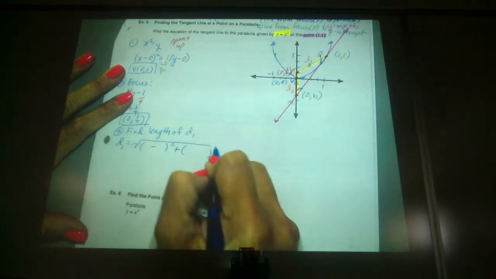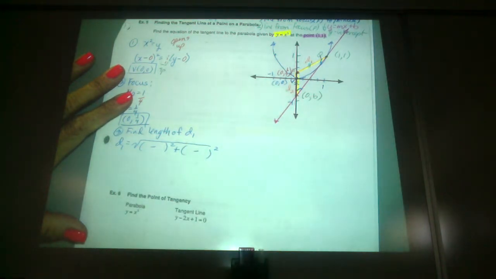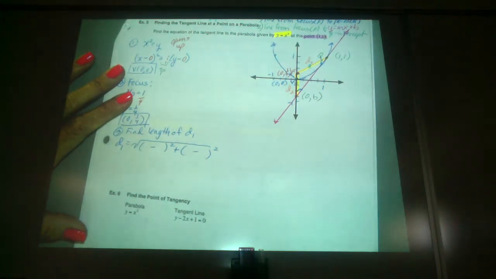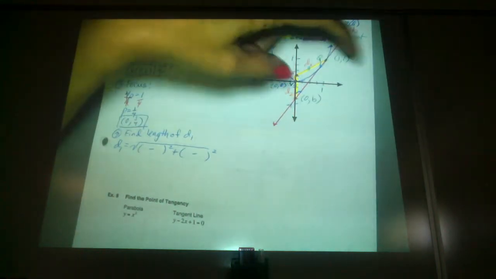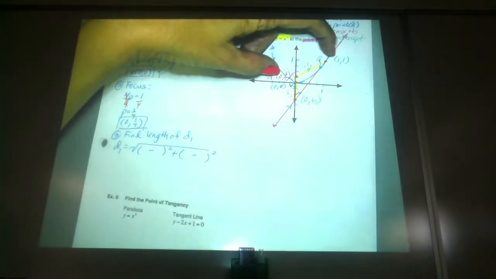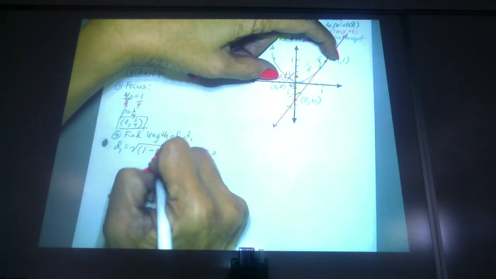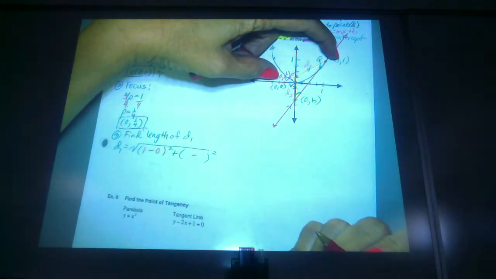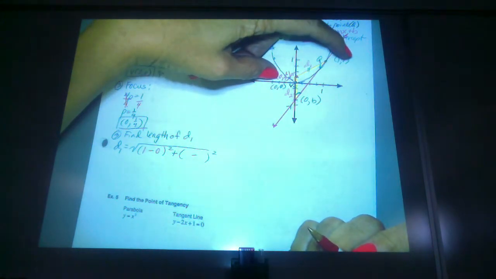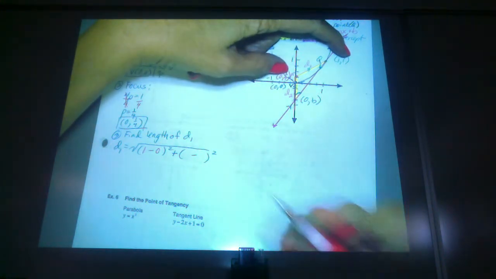Add that to the difference between the y values and square them. Here are my x's. So I have a 0 and a 1. So I'm going to choose to do 1 minus the 0. Those are my x's. Since I started with this one, I'm going to start for the y's with this 1 minus the other y of 1/4.